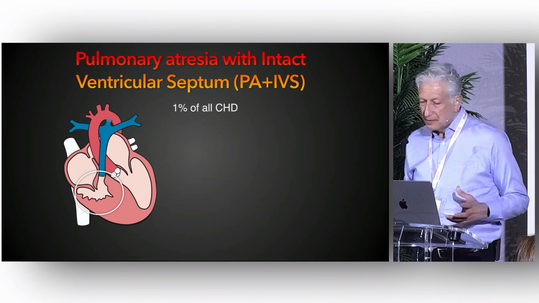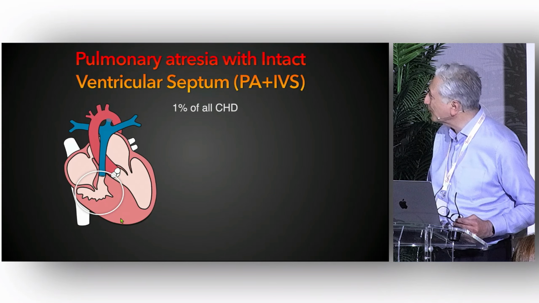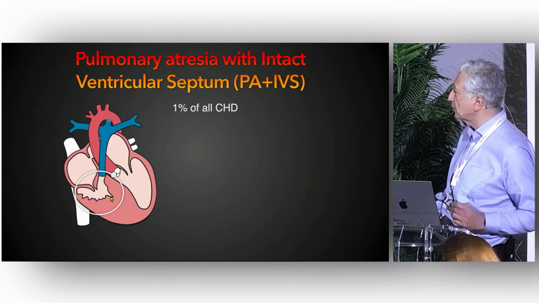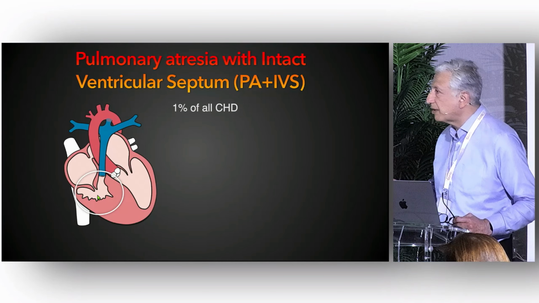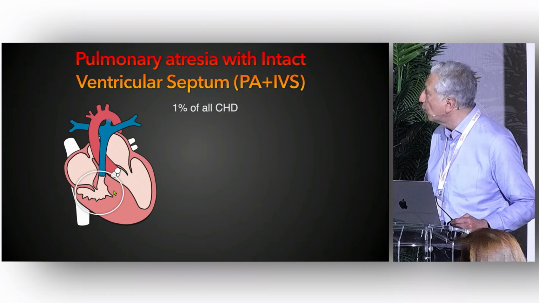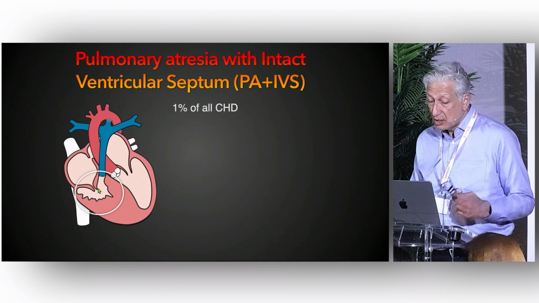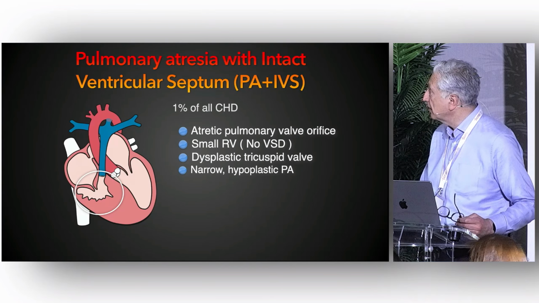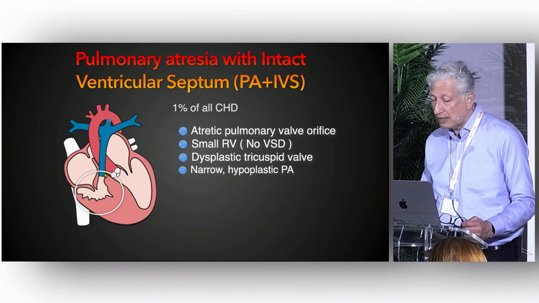So this condition is also rare, about 1% of the conditions. You see, it looks actually like a hypoplastic left heart syndrome, but on the right side, a small ventricle. We don't have endocardial fibroelastosis, but we have a small ventricle. We have valves, you can see them, so be careful before pretending they are closed. And the reason is an atretic pulmonary valve.